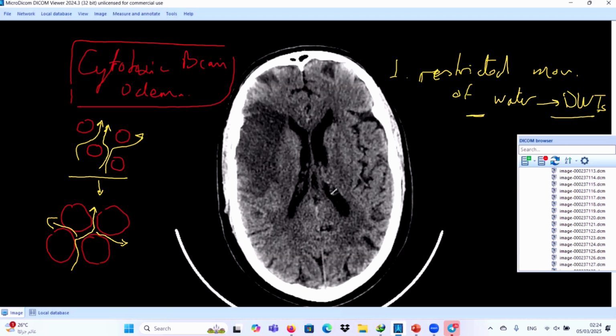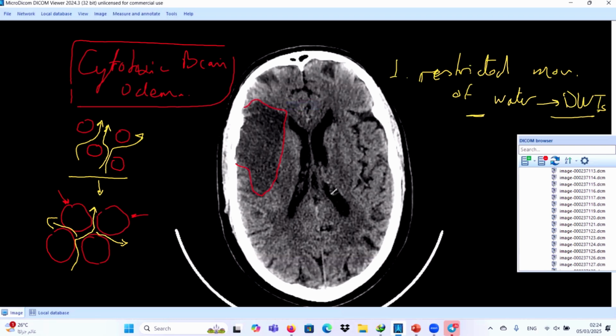The second point is these cells are compact because they are swollen, so the edema appears fairly defined or sharply defined, as you see here.